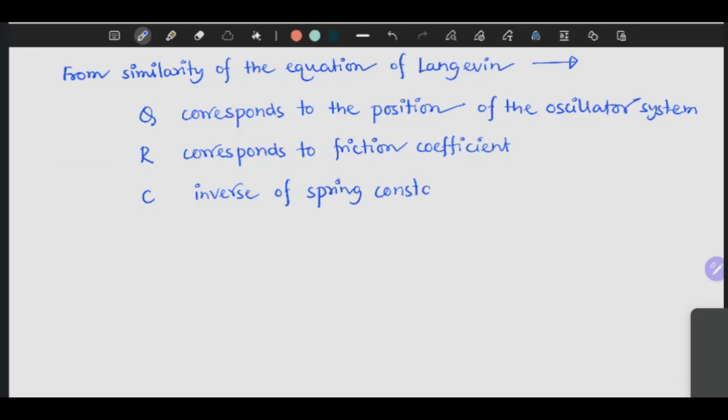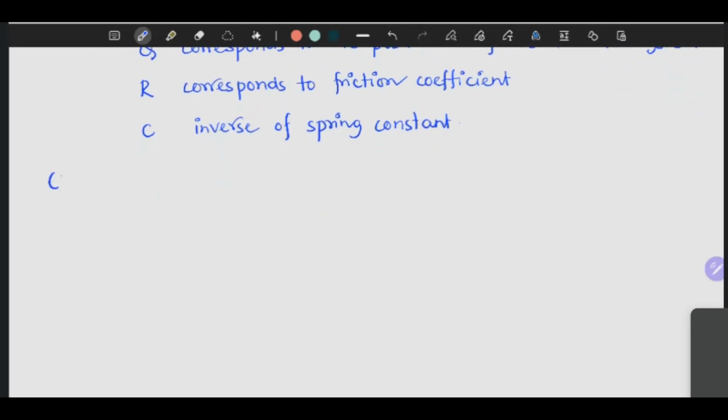So it is similar to the Langevin equation for Brownian motion in a harmonic potential, right? So using that same relation, you can promptly write.